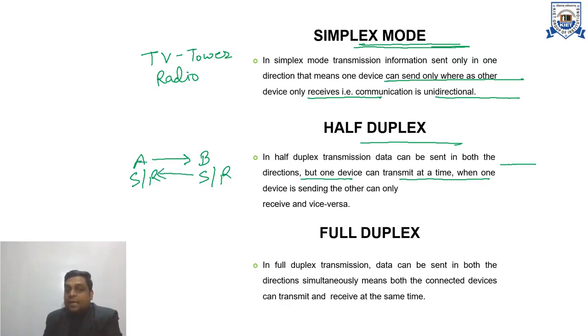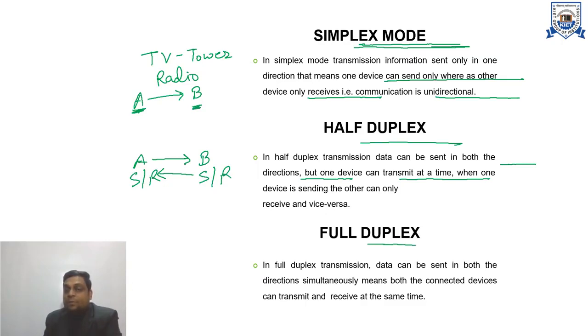If A is sending, then B will receive. When B is sending, then A will receive. In case of simplex, the difference is A will always send, B will always receive. B is never able to send.